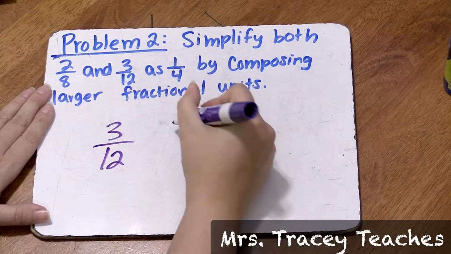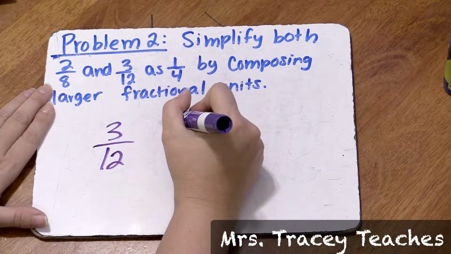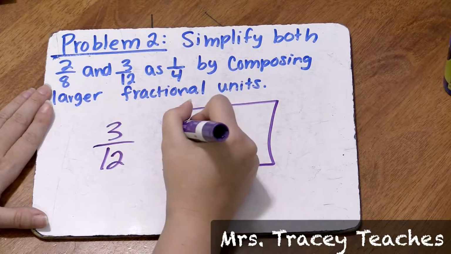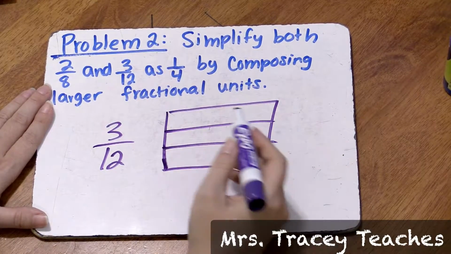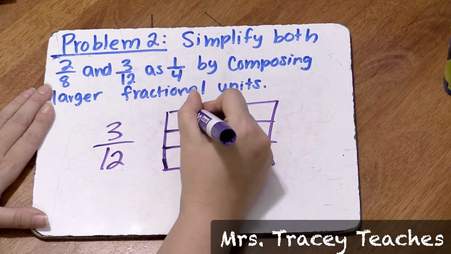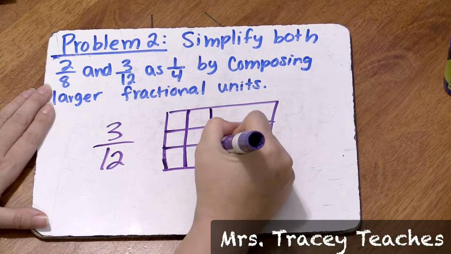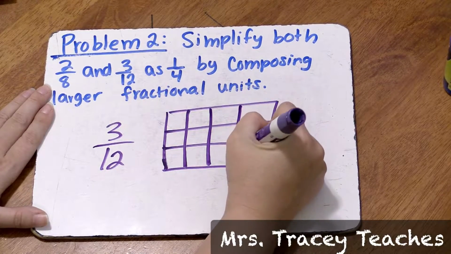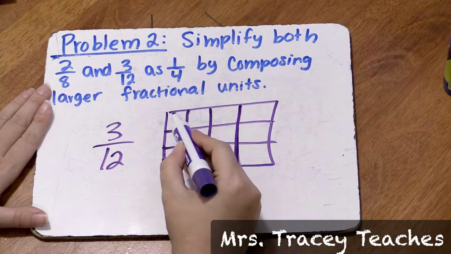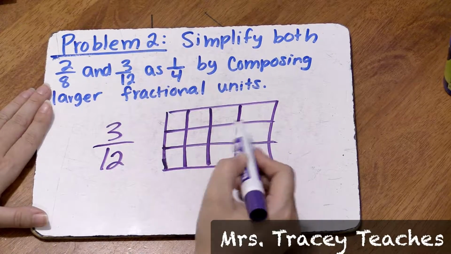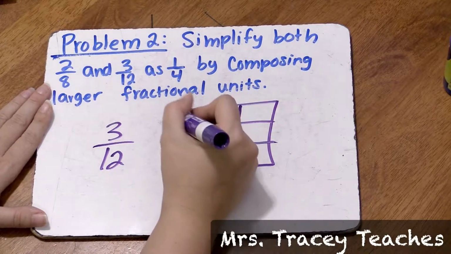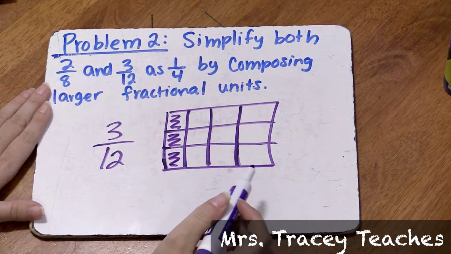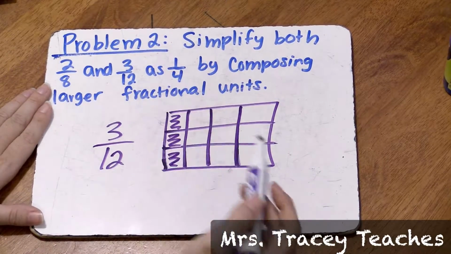I am going to draw 1, 2, 3, and then 1, 2, 3. So I have 1, 2, 3, 4, 5, 6, 7, 8, 9, 10, 11, 12, and I'm going to color in 3 of them. So now I have made 3/12, but I want to show it as 1/4 again.